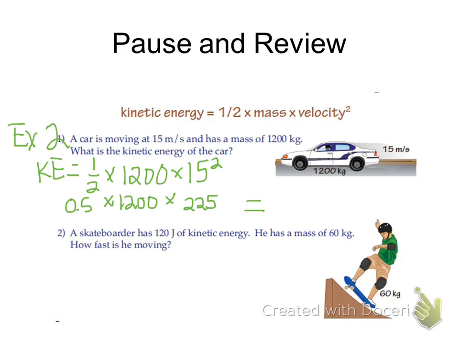Close. I think you're missing a 0 or place value. Colton, what'd you get? 135,000. Anybody else get 135,000 joules? Yeah, okay. Savannah, you just might have left off a 0 there. All right, so 135,000, and thank you for including the units, joules.